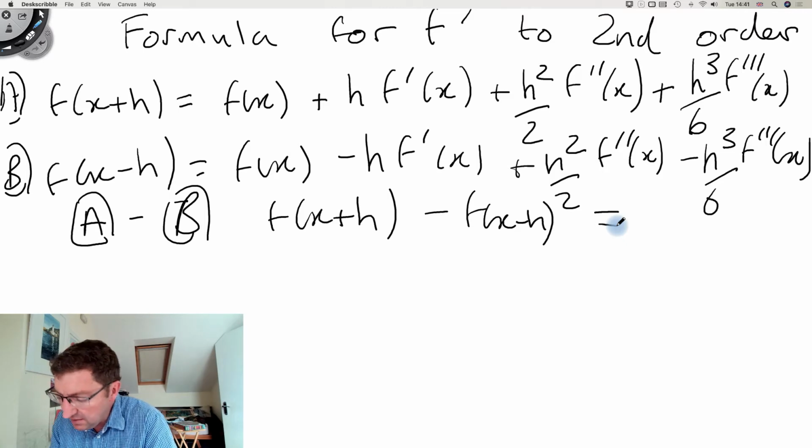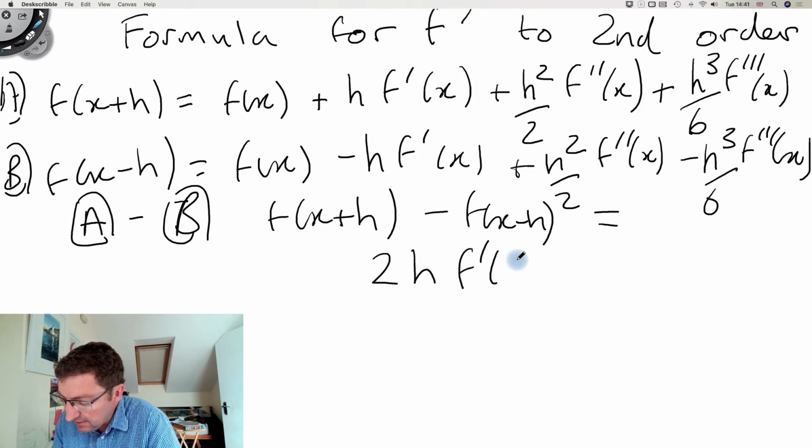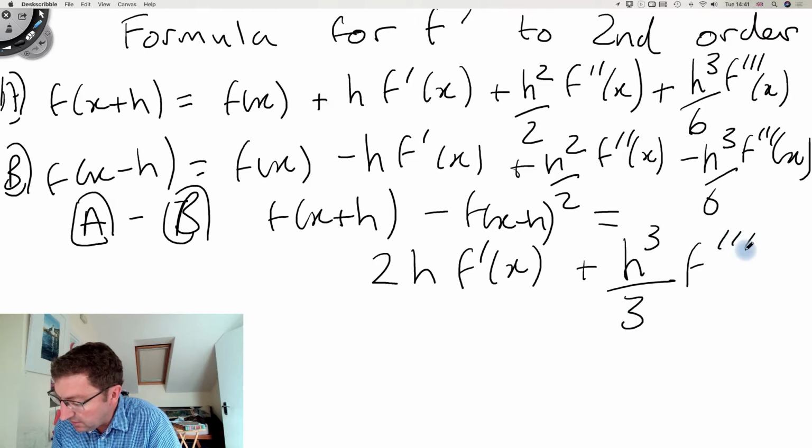The f of x terms cancel, the f prime terms come to 2h f prime of x, the f double prime terms cancel, and the cube terms go to 2h cubed on 3 f triple prime of x.